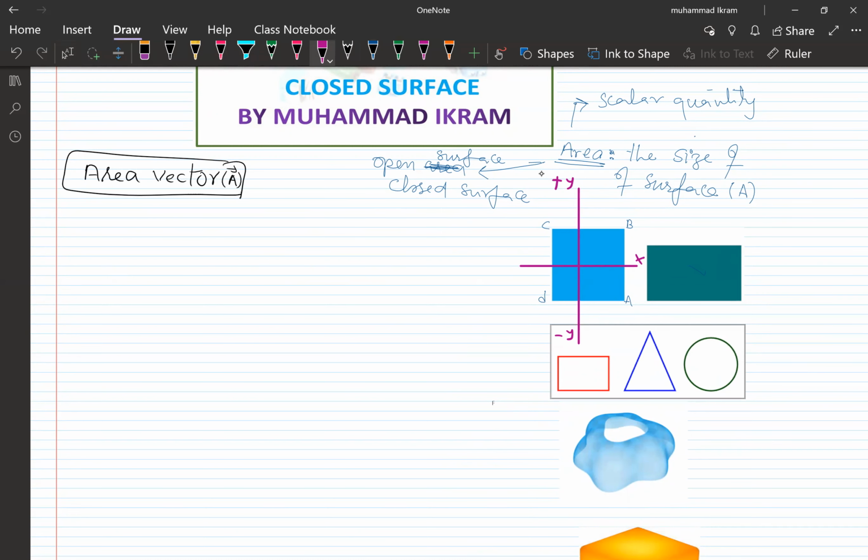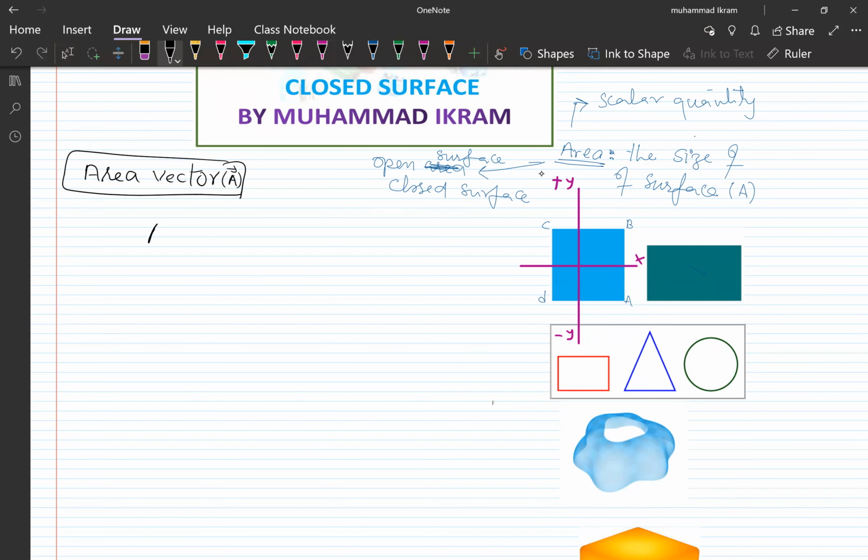So these two are not the same. The top surface is different from the bottom surface, though they may be the same in magnitude, but they are pointing in different directions. This is why we need to define the area vector.